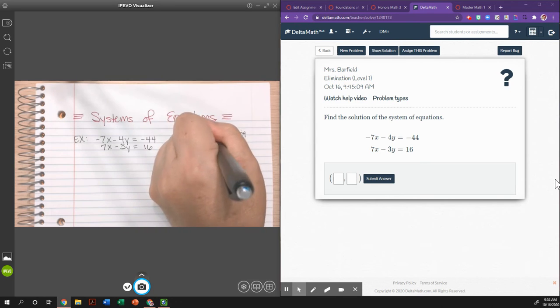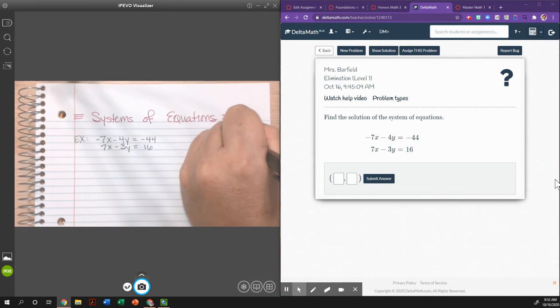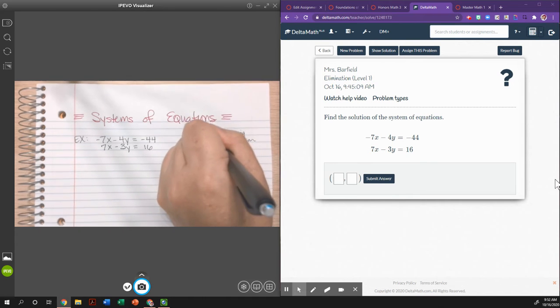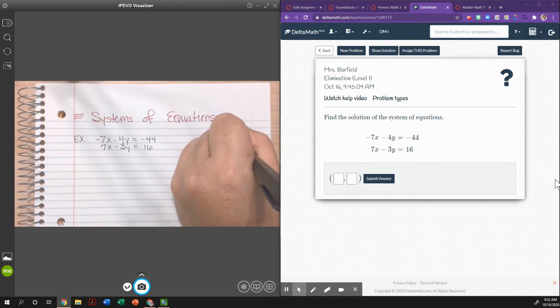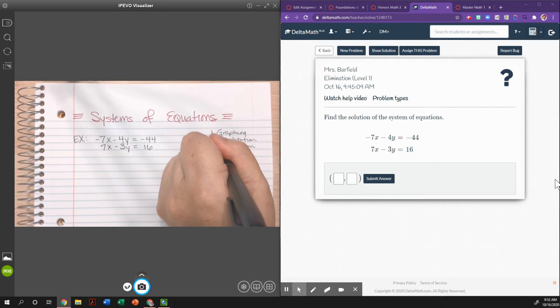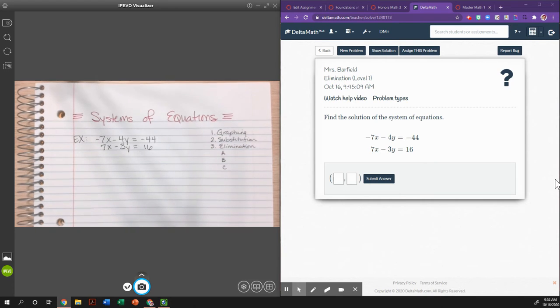We have now solved them by substitution. And now we're going to be looking at an approach called elimination. All right, with elimination, you have three first steps.